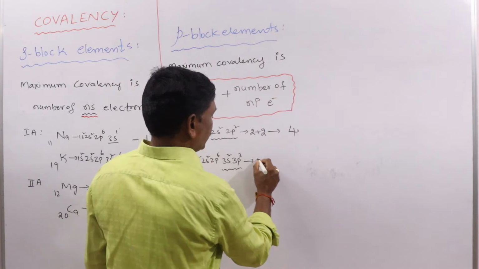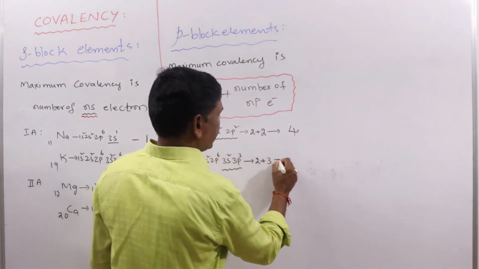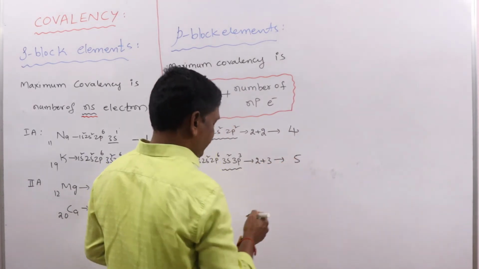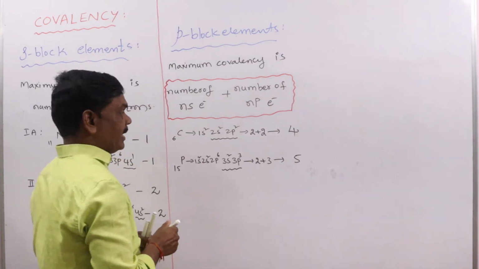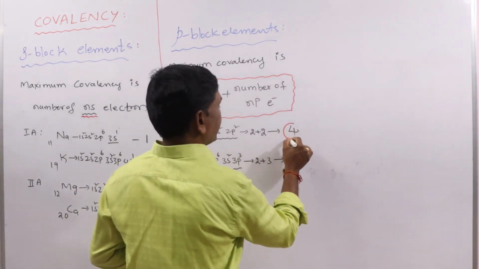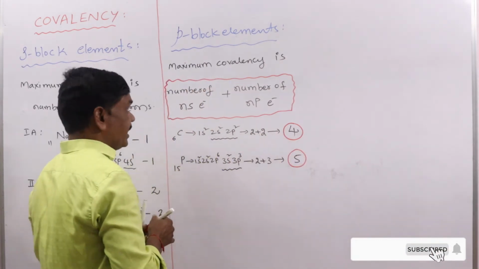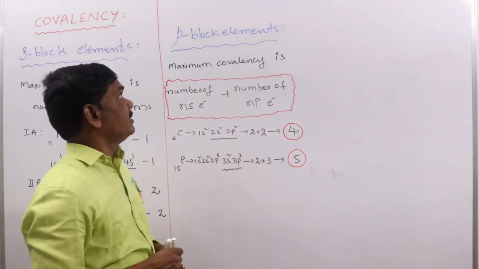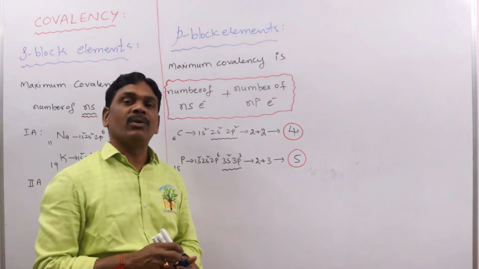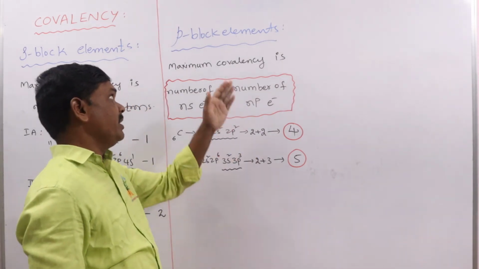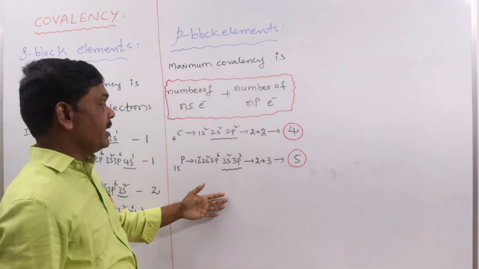So 2 plus 3, maximum covalency 5. In case of carbon it is 4, in case of phosphorus it is 5. Like this we are calculating the maximum covalency of p block elements.